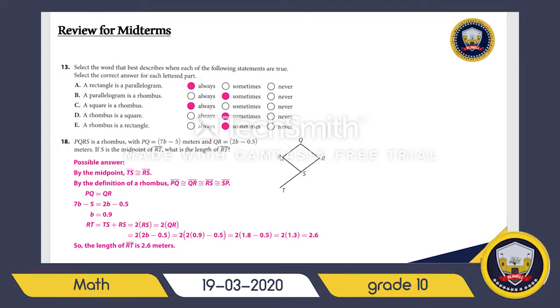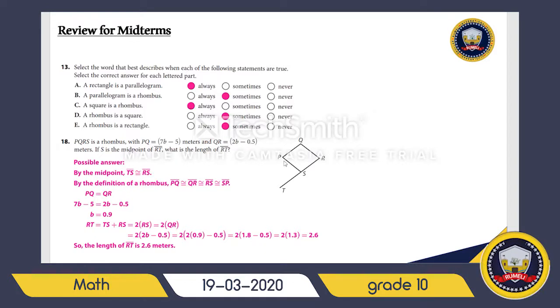Then 7b minus 5 equals 2b minus 0.5. Okay. And b is 0.9. From this, I found only b. I'm going to plug it back into one of these, either for PQ or for QR.